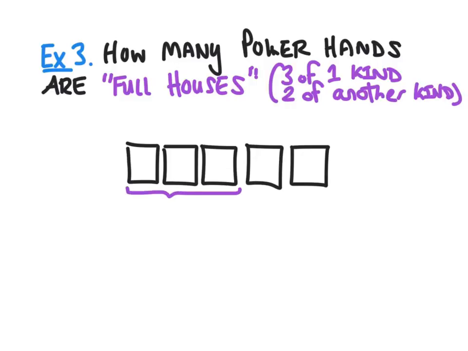First, you choose 3 cards of one kind, and then you choose 2 cards of another kind. Now, this is the most complicated example we've done, but it still follows the same principle. It's going to be number of options for the purple piece times number of options for the blue piece, or the blue task.